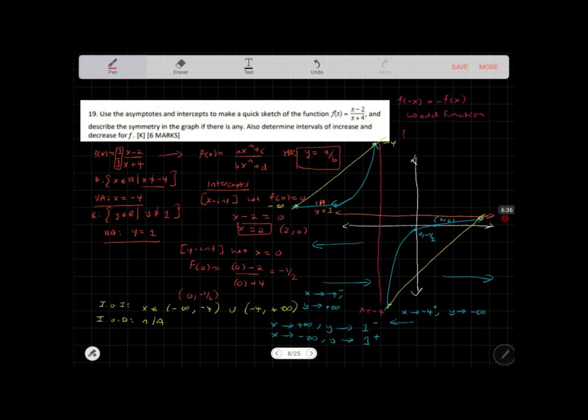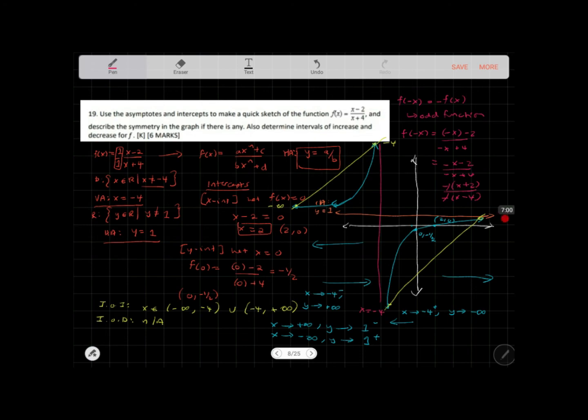If I do f of negative x, I get negative x minus 2 over negative x plus 4. If I factor this out, we get x plus 2 over negative x minus 4.